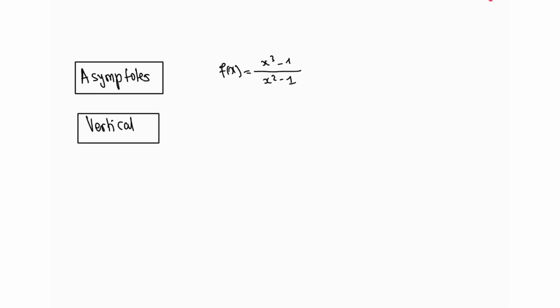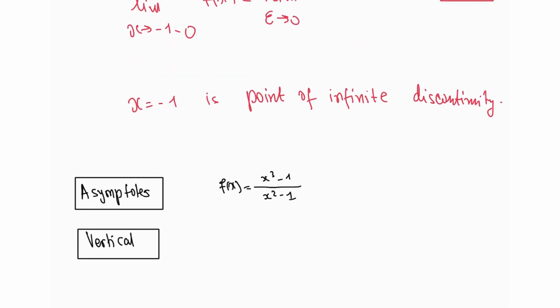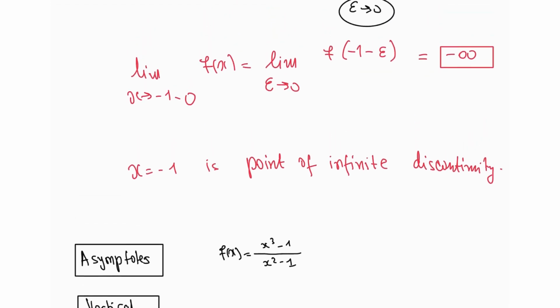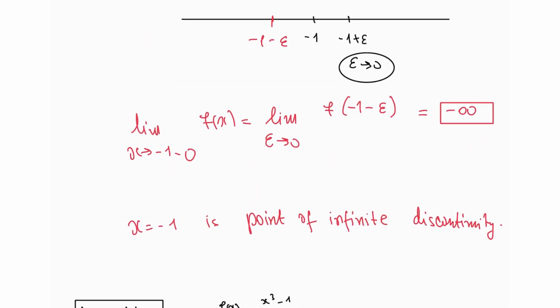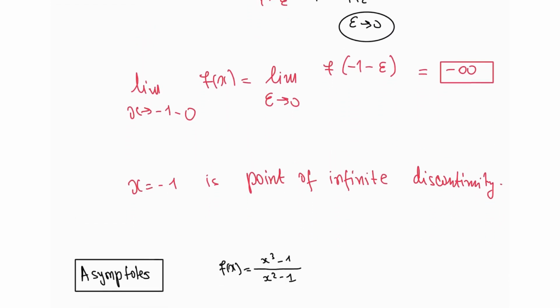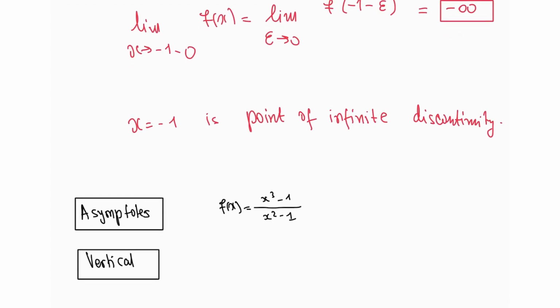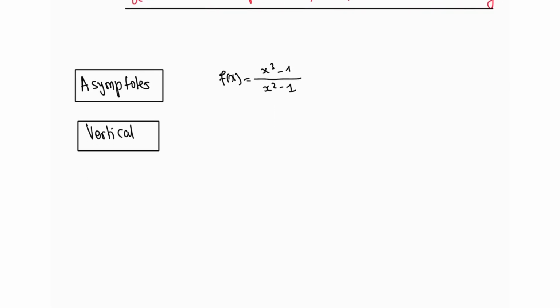From our previous analysis on the points of discontinuity and their nature, we can see that x equals 1 is a point of infinite discontinuity. Therefore, we can immediately conclude that x equals minus 1 is a vertical asymptote.